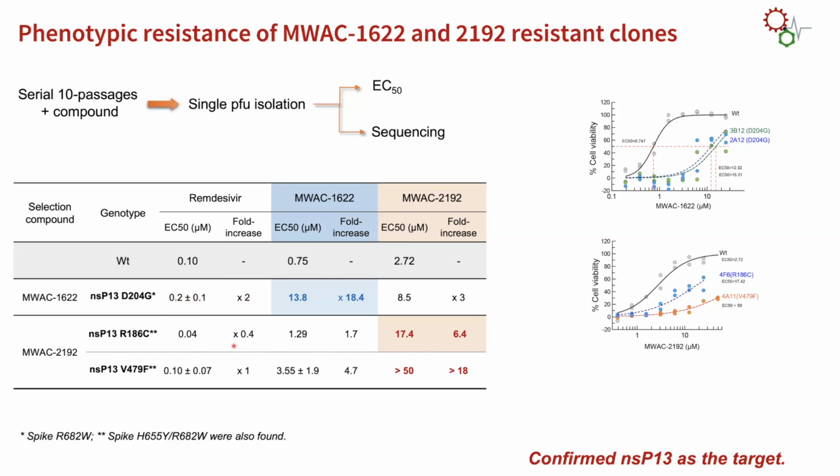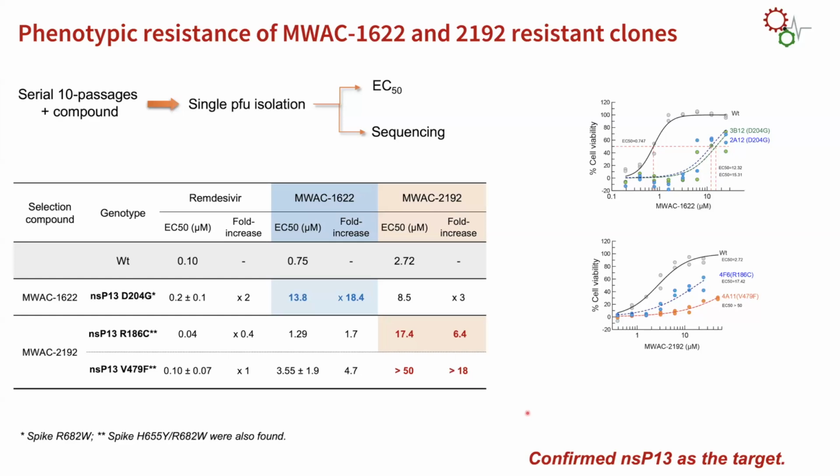So we see almost no change in EC50. But in the case of the 1622 passaged virus here, 204, you can see about a 20-fold increase in EC50. And in the case of the 2192, you can see about a 6 to 18-fold increase in EC50.